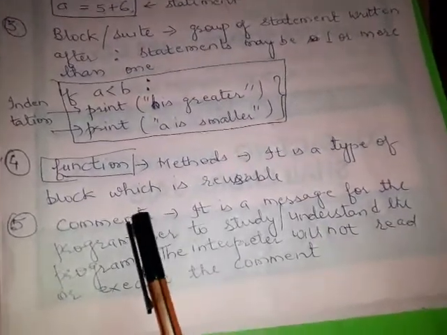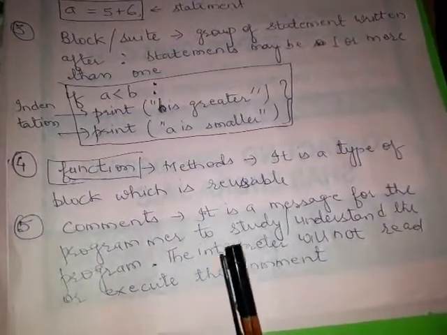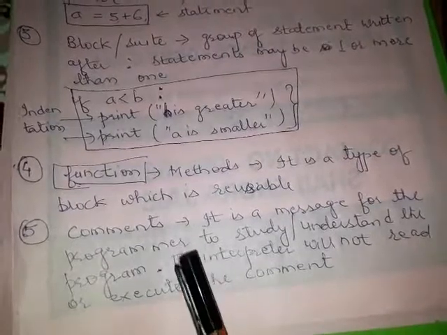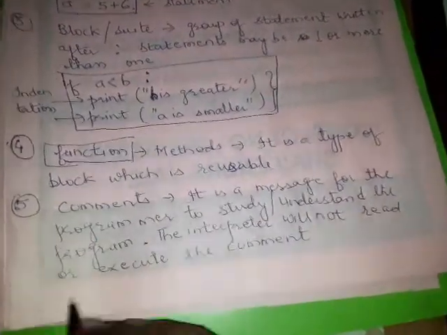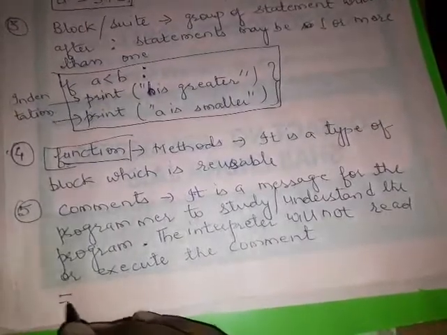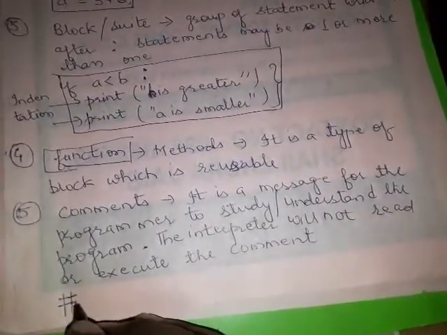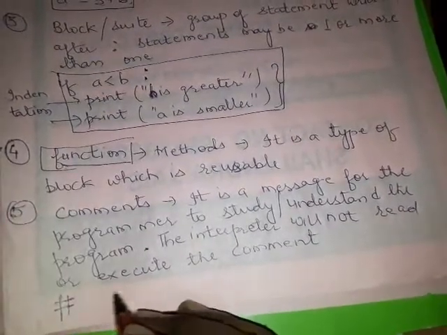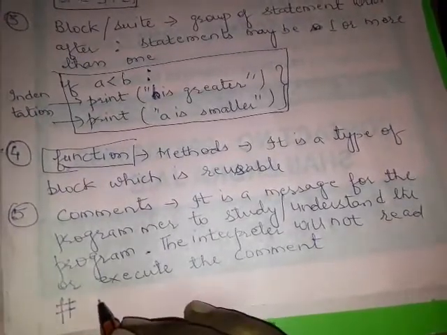It means comments are for the programmer, not for the Python interpreter. The Python interpreter will not execute the statements which are written in the comment. For comment we use hash. If you write a single line comment, you can first put hash and then write whatever message you want to give to the programmer.